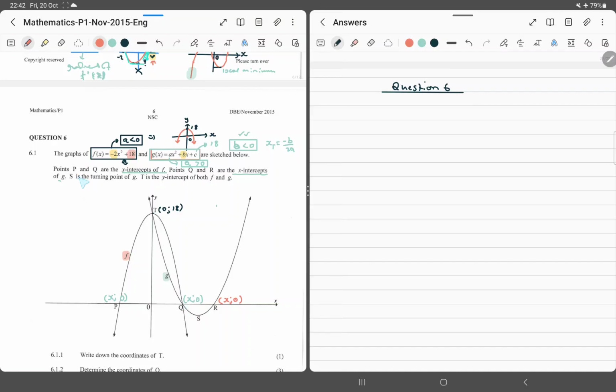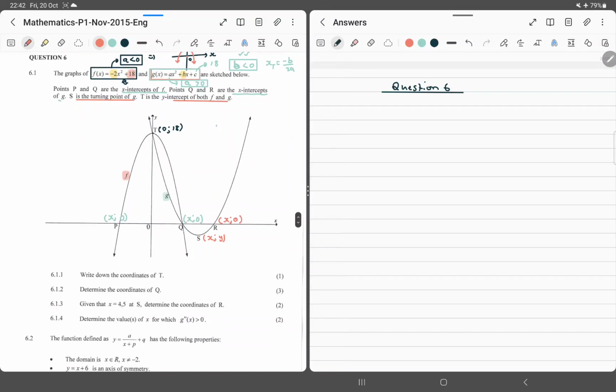S is the turning point of g, so we've got some value x and some value y. T is the y-intercept of both f and g, and we can also see that it is the turning point of f as well. Great, so we are sorted.